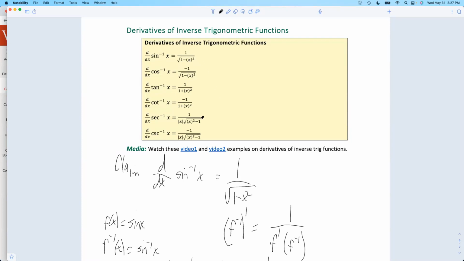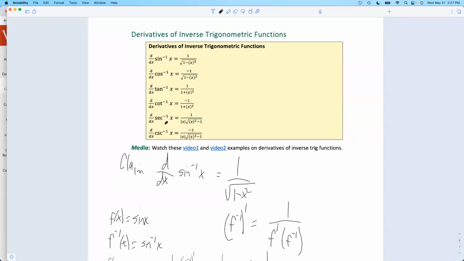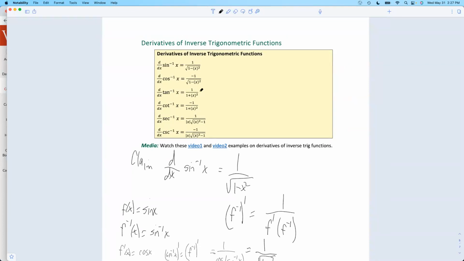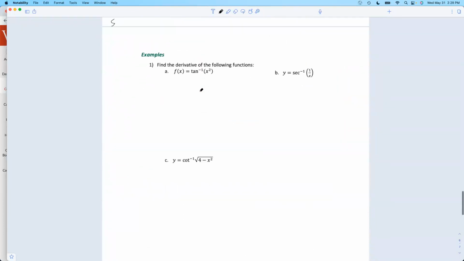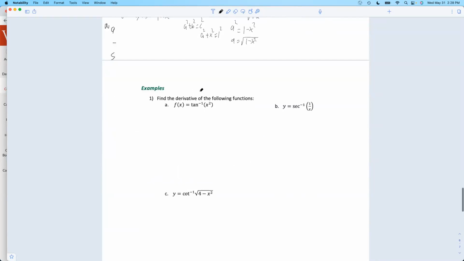The rest of these, I've never bothered to memorize. If we need them, I'll give you a formula. Like test 2 that's coming up, at the top of the test is a formula sheet, and it's literally just these 6. You don't have to memorize these, but this one you're going to use so much, you're probably going to remember it.